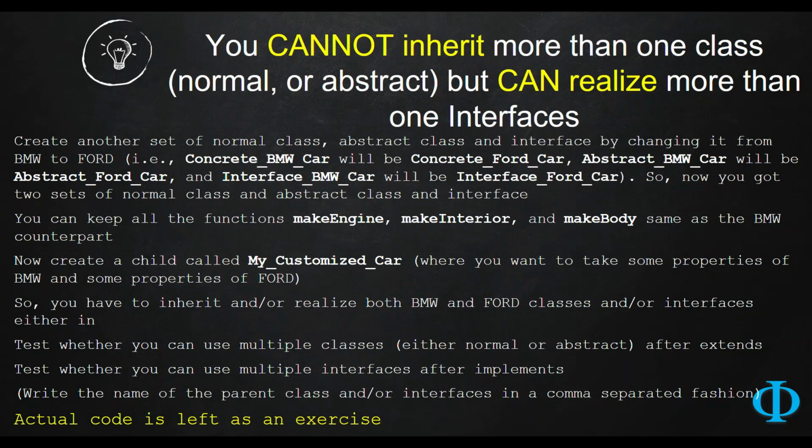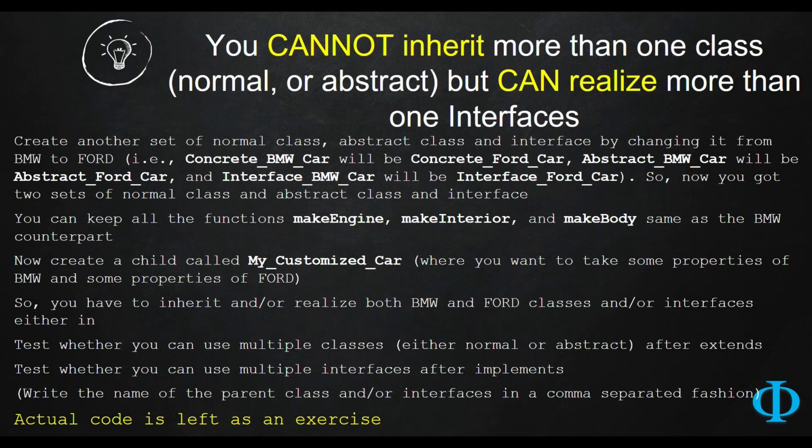Now, in this slide, this is an extension of your previous exercise through which you can understand another property of abstract class and interface and a normal class. So, what is that property?